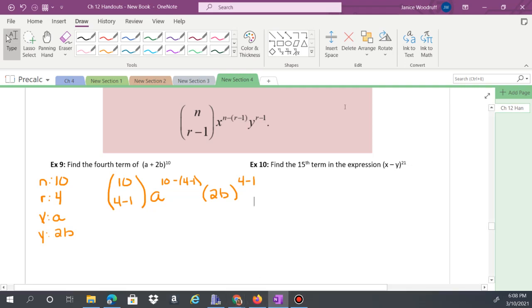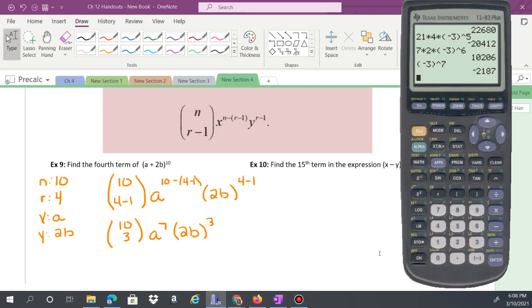Okay, so that's going to be 10c3, or actually, let's just go ahead and write it like this. So 10 and 3, and then that's a to the 10 minus 3, so a to the 7, and 2b cubed. So let's see what 10c3 is. So it's going to be 120.